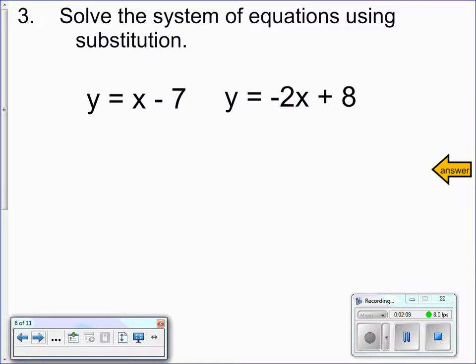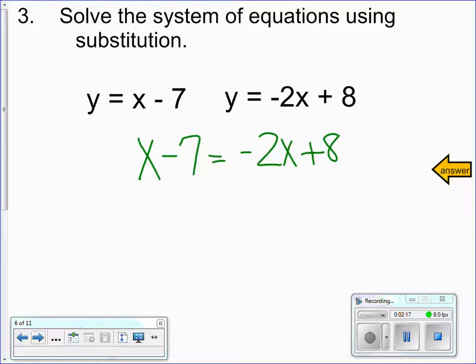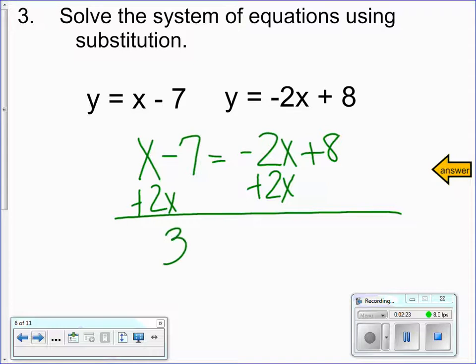All right, we've got y equals x minus 7 and y equals negative 2x plus 8. Set them equal to each other. Add 2x to both sides. So we get 3x minus 7 equals 8.